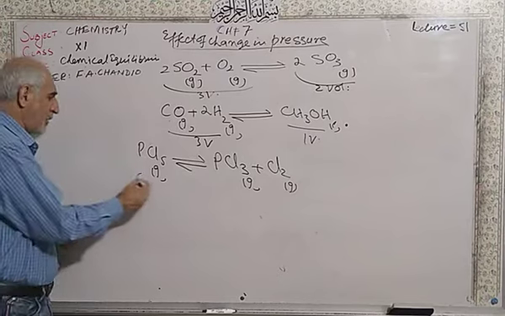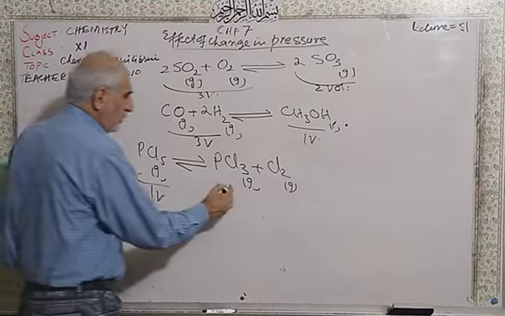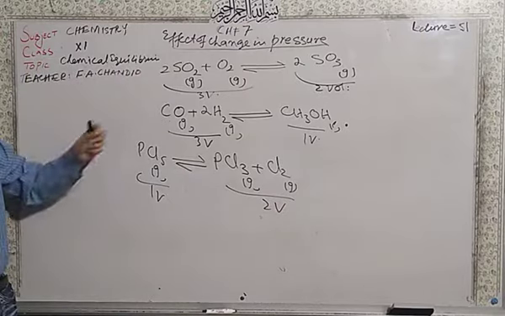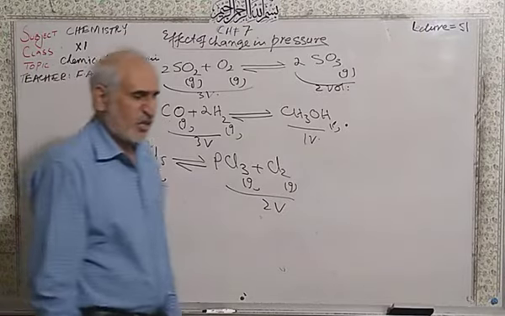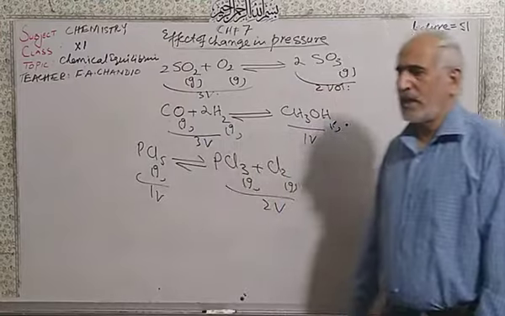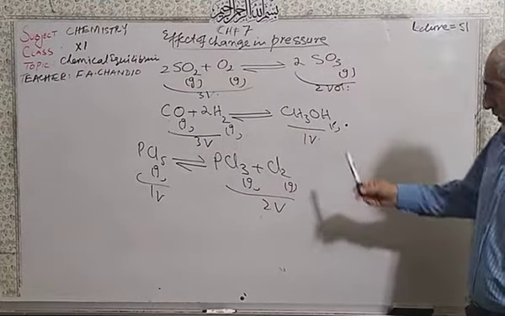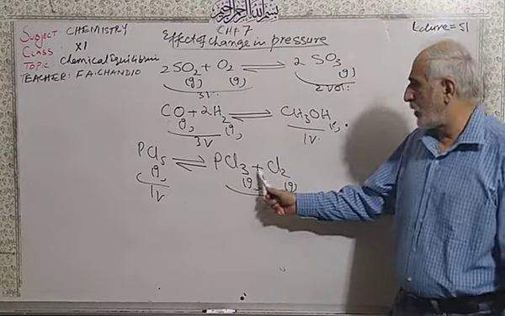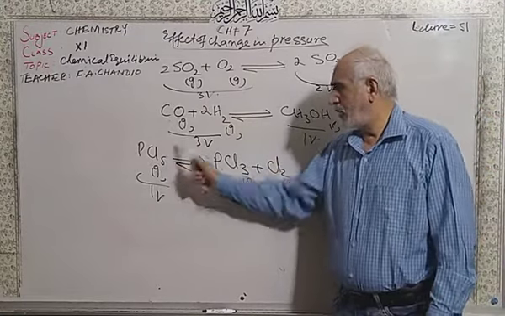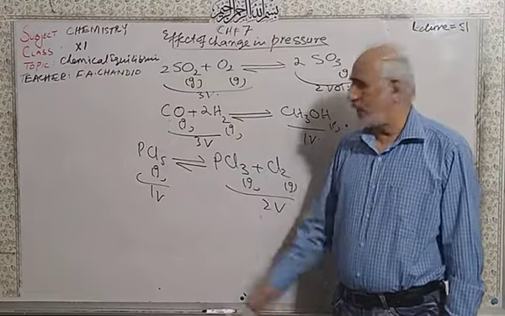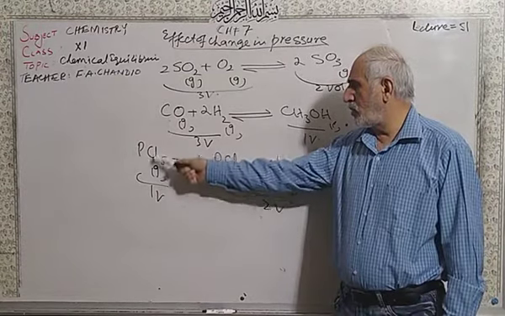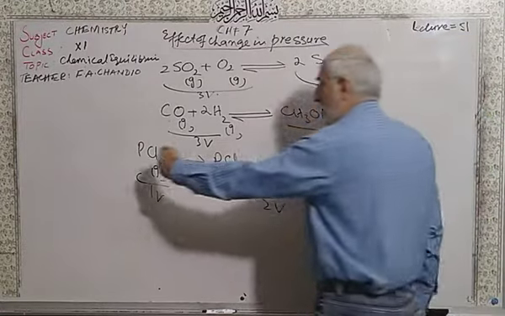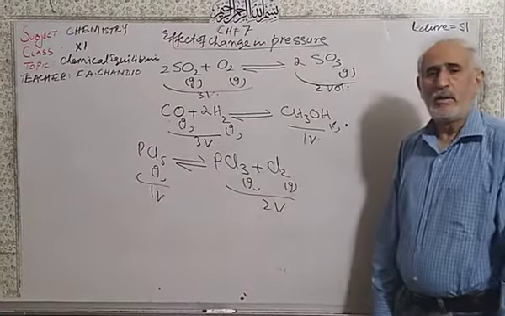On the reactant side, one volume, product side, two volumes. So if you impose a change of pressure by increasing it, the system will move according to Le Chatelier's principle towards the left side, the reactant side, because the number of volumes, the number of moles, is less on the reactant side, the left side here.